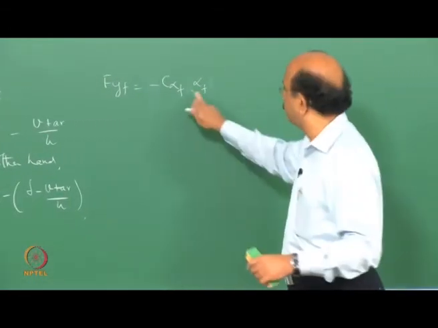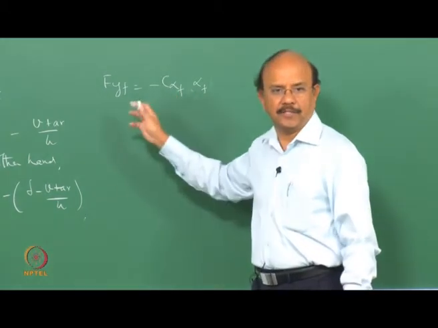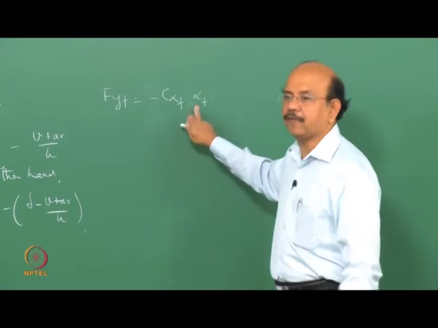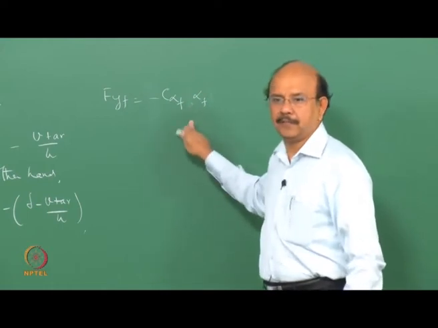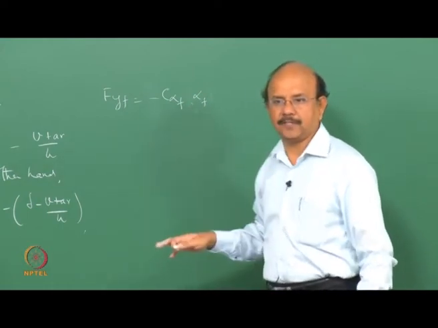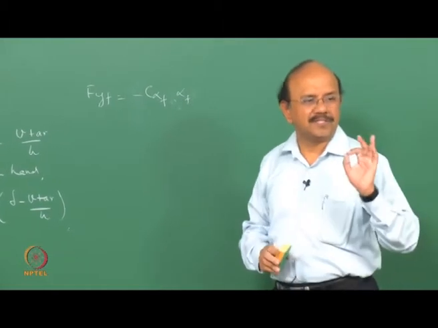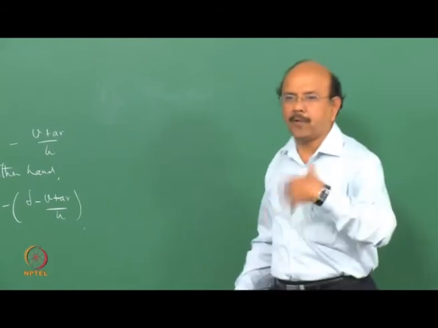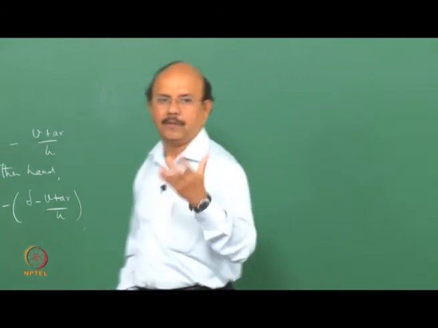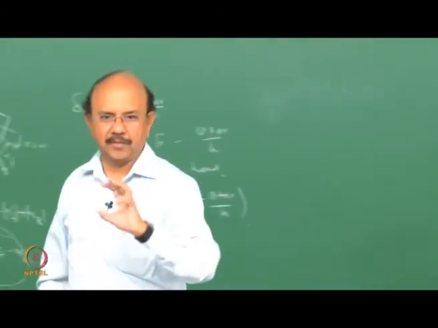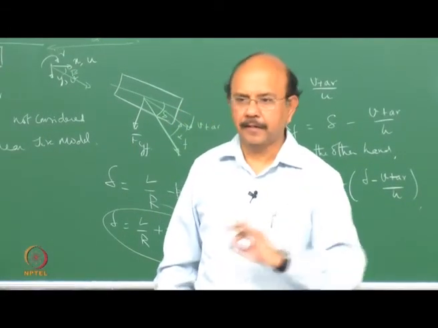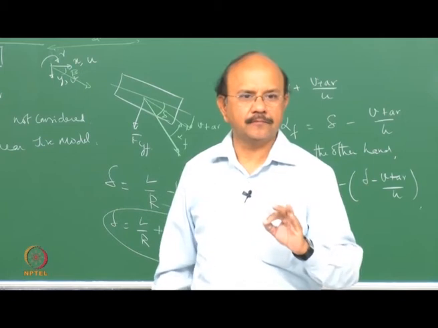Because when I put minus alpha f, I'm following sign conventions correctly, and obviously it becomes plus. So Fy is in the plus direction. There's no confusion in this, but every book follows its own terminologies and the way it writes, so you have to be careful about that. Clear? Any other questions?